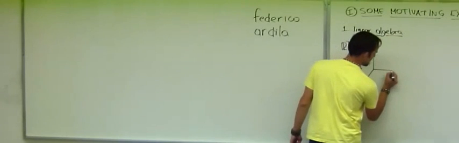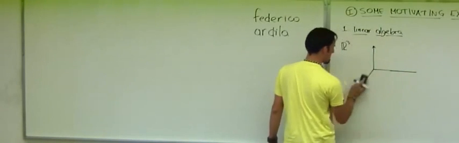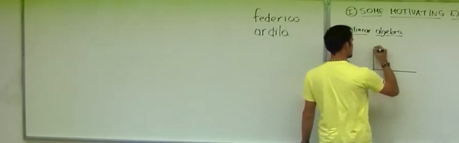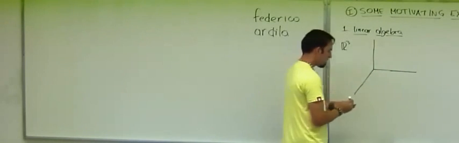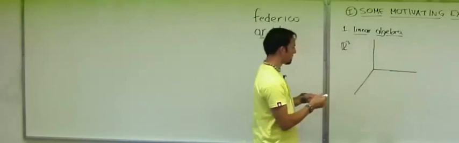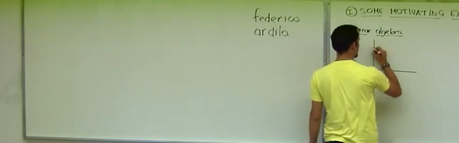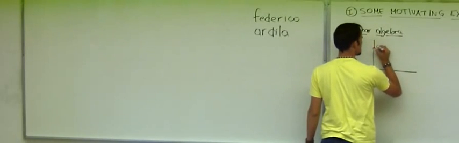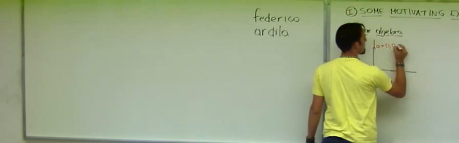These are the coordinate axes. In fact, let me draw them like this. And I'm going to draw a bunch of vectors for you. So this is the first vector. Coordinates 1, 0, 0.